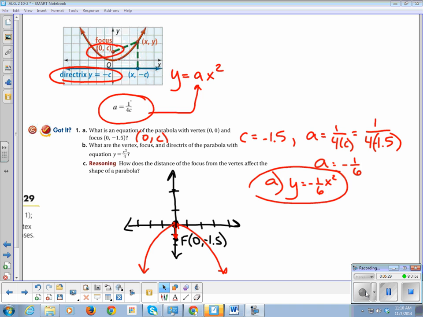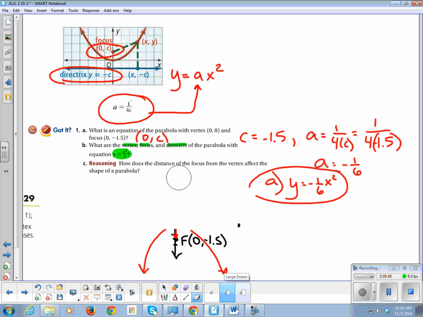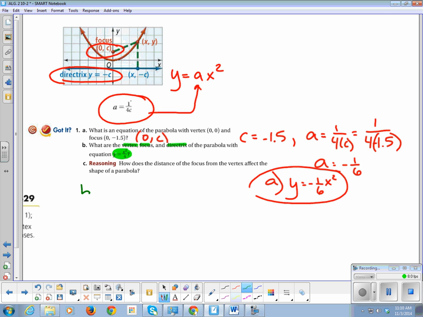Okay. So now let's take the opposite scenario where we have the equation and we need to find the vertex, focus, and directrix. So here's our equation. I'm going to rewrite this equation a little bit. I'm going to say that it's y equals 1/4 x squared.